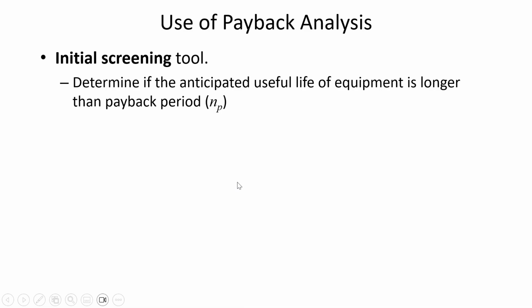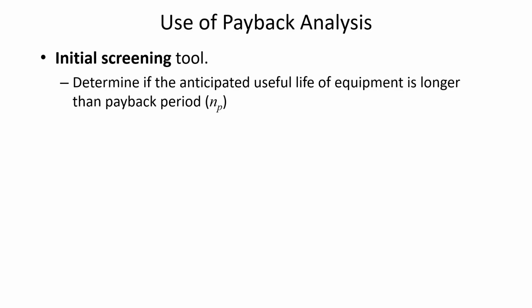So we have to be careful how we use payback analysis. There's a hidden landmine in this analysis. Just like some of the other techniques we've used, like for example, internal rate of return. Remember, there's kind of a hidden landmine there, where you can't use internal rate of return to pick the best project. You can only use it for initial screening.